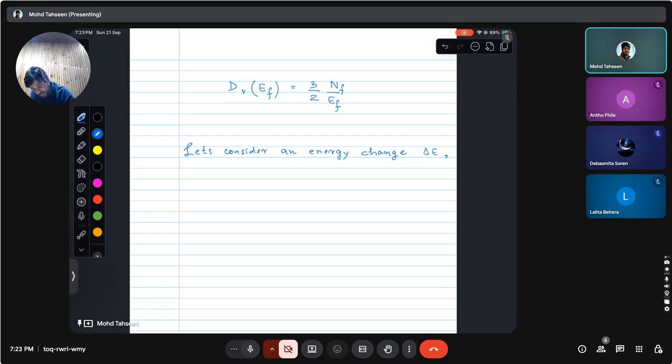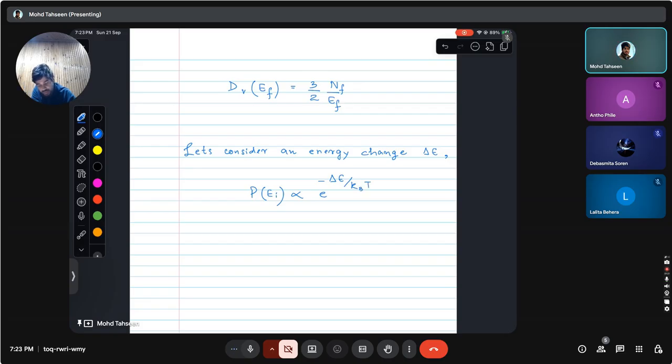Remember that earlier we derived a distribution when we were doing the Maxwell-Boltzmann statistics, or even the Fermi-Dirac statistics. We had expressions of this kind, right? E to the power minus delta E by kBT.